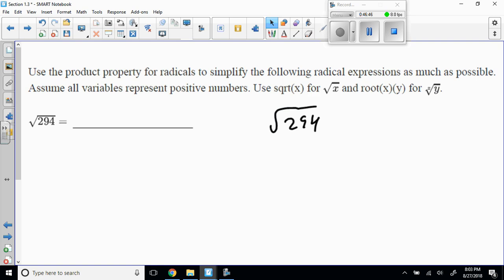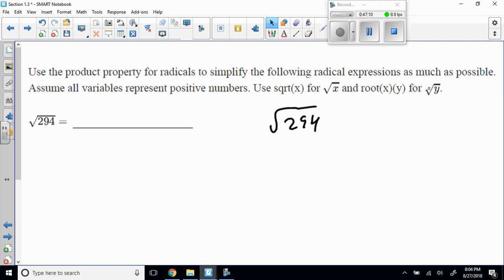Will 4 go into that evenly? Yes or no? You've got calculators right there. No? 4 won't go. Will 9 go evenly? 16? 25? I can go ahead and tell you 25 doesn't go.